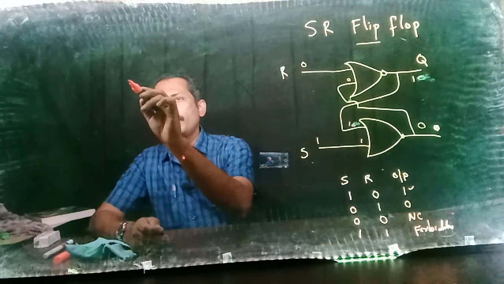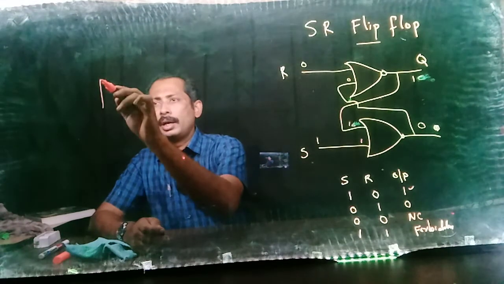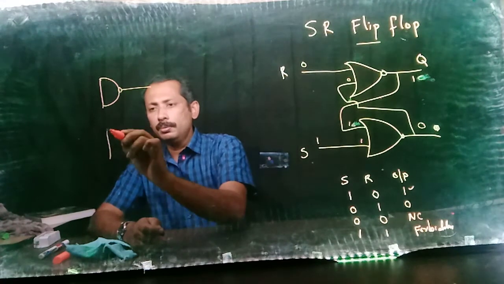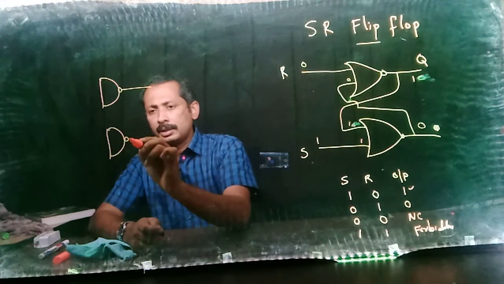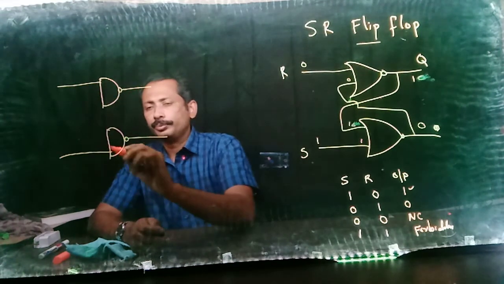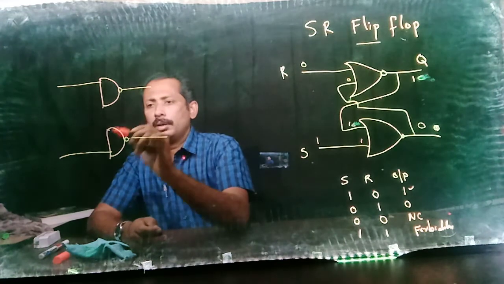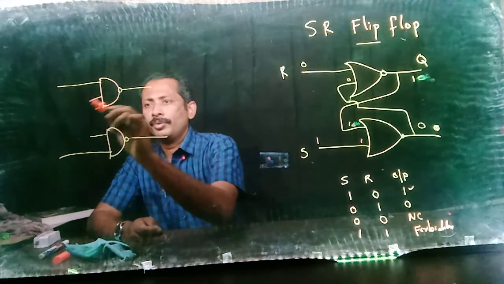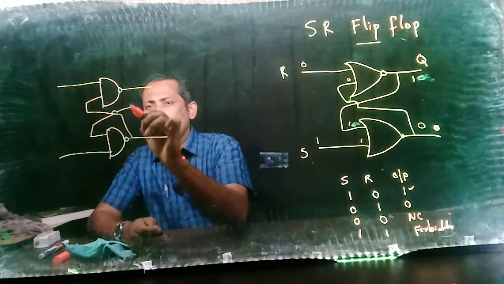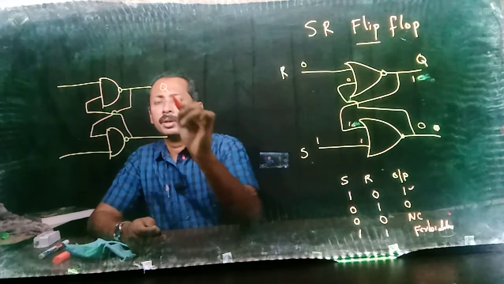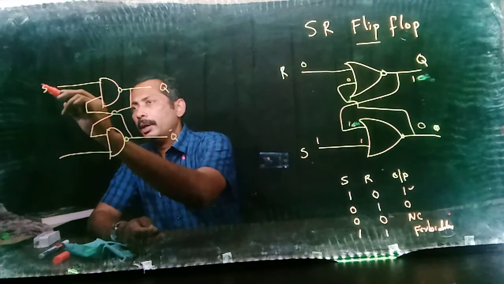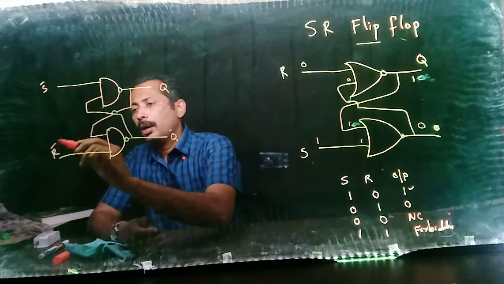I am drawing one more diagram for the SR flip-flop using another gate, a NAND gate. You can create an SR flip-flop using different gates. So this is a flip-flop of NAND gate. This is Q, this is Q bar. This input will be S bar and R bar.